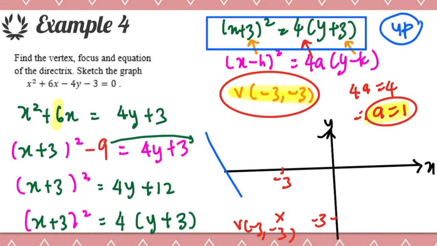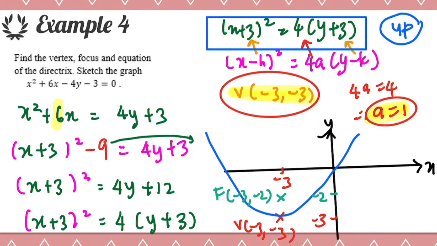So from the vertex, we can straight away draw a graph opening up. Let's fill in our a right now. Our a is just equal to 1. From vertex to focus is just equal to 1, so go up by 1 unit. So your y coordinate should be -2. Therefore, our focus is -3, -2.